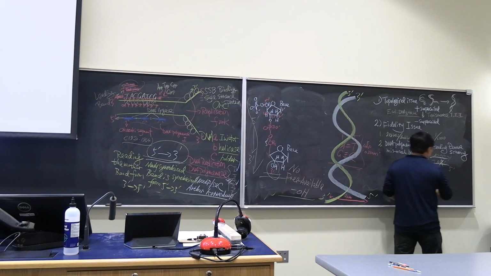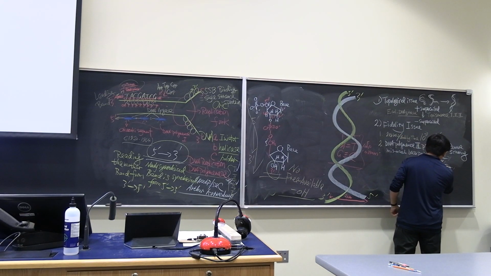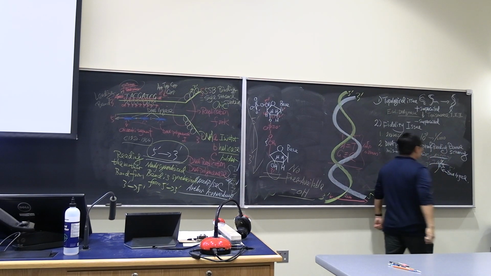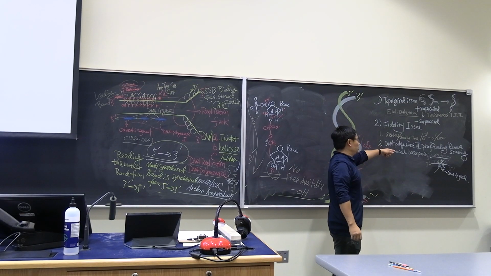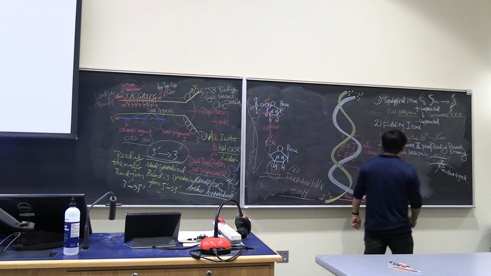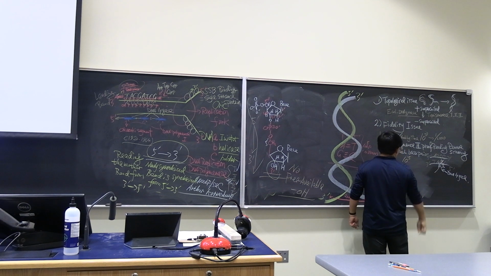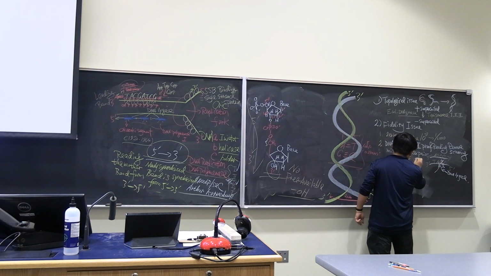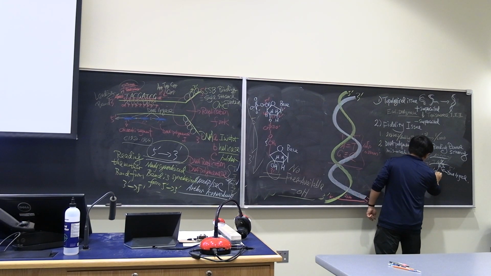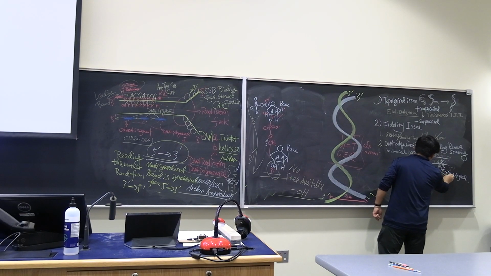They could cut it and then add the correct one, C, and this can be sealed with DNA ligase. And DNA polymerase 3's proofreading process will reduce the mistake rate to 10 to the power of minus 5 to 10 to the power of minus 6, about 1 per 100,000 to 1 million cells.